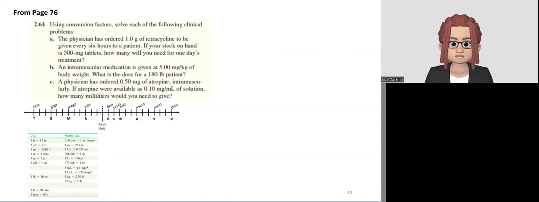For problem 2.64a, let's write down the information that is given. Tetracycline is our medication.